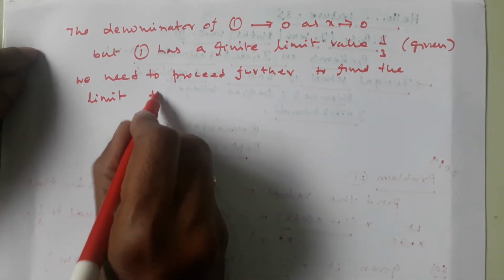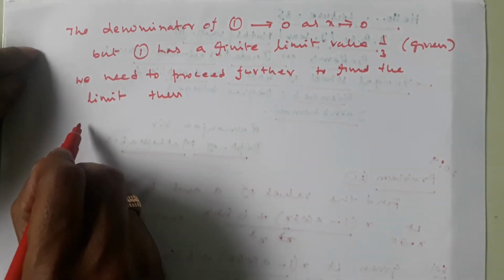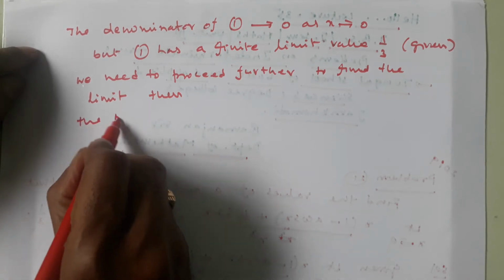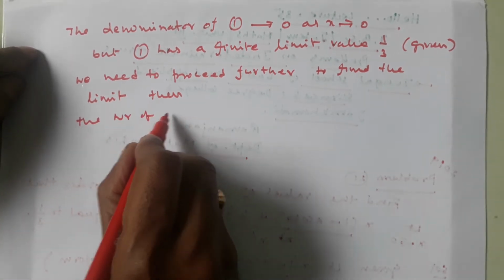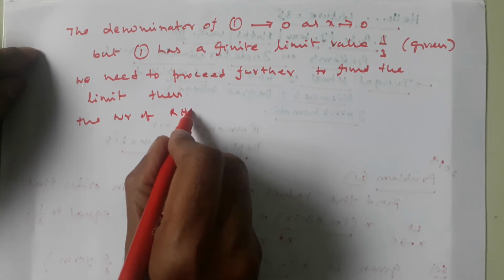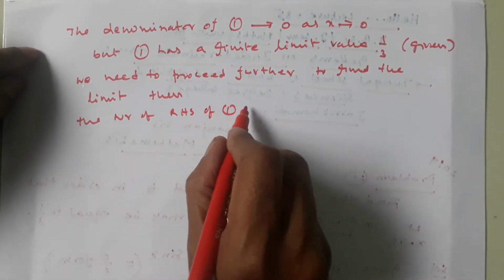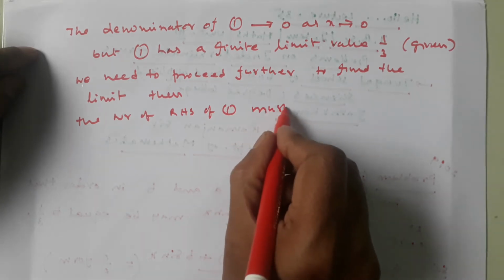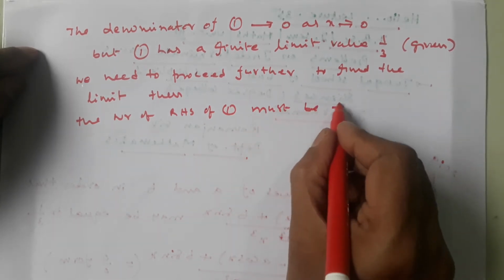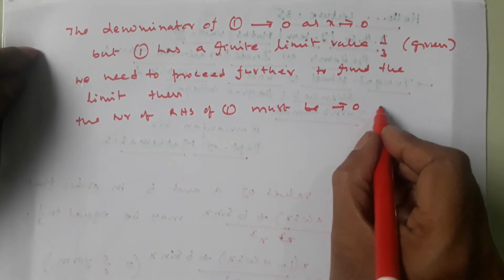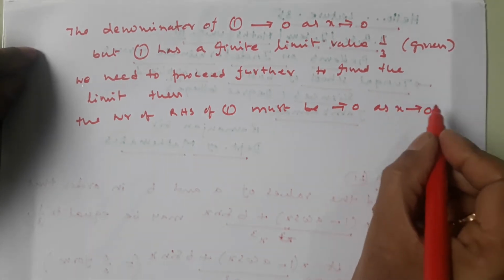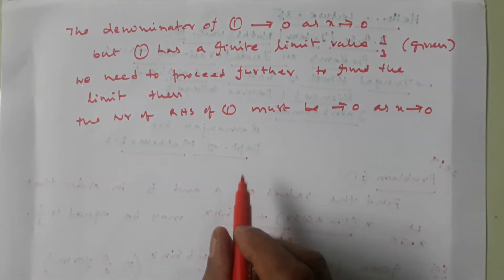Then the numerator of the RHS of 1 must tend to 0 as x tends to 0. So in equation 1, the denominator is 0.